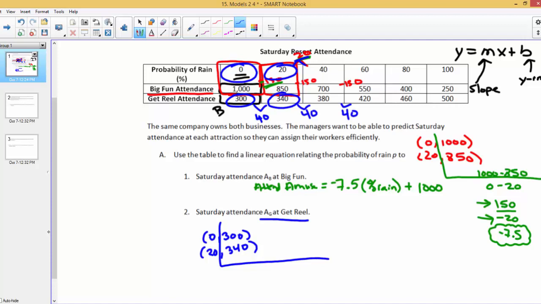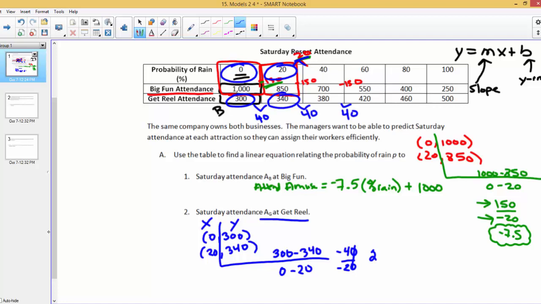So you would do the change in y, so 300 minus 340, remember these are your y's, divided by the change in x, 0 minus 20. So you have negative 40 over negative 20. You can cancel the zeros and you get 2.